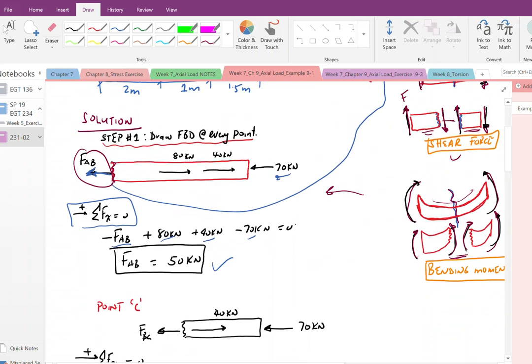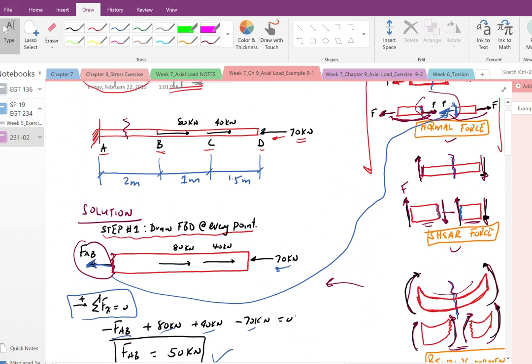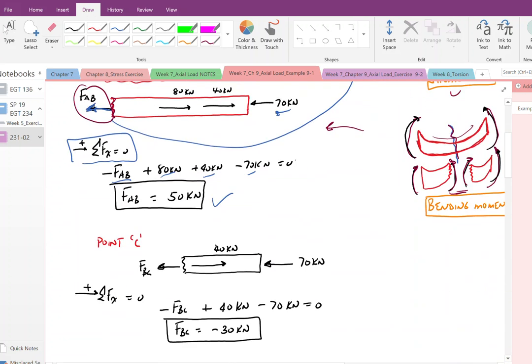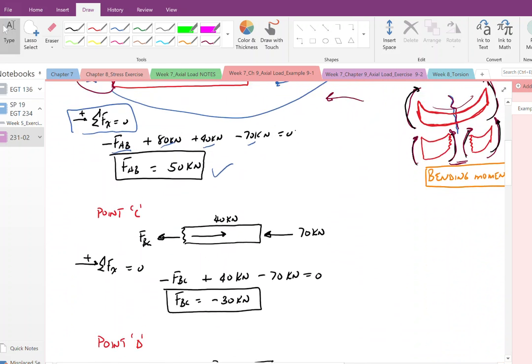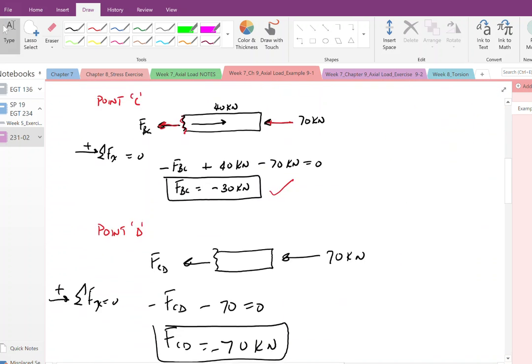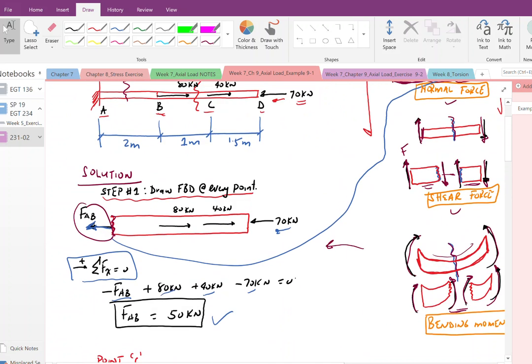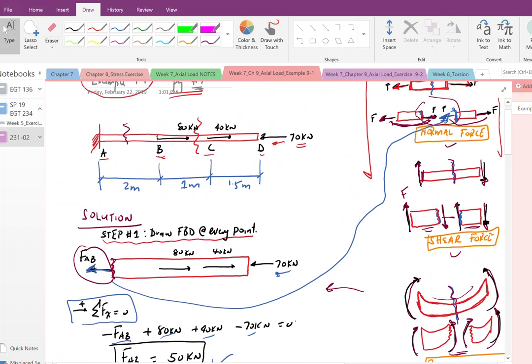At point C, make another sectional cut right here. Okay, and then you draw that free body diagram, and this is what you see right here. When you do the math, this is what you get. At point D, you draw another sectional cut right here.